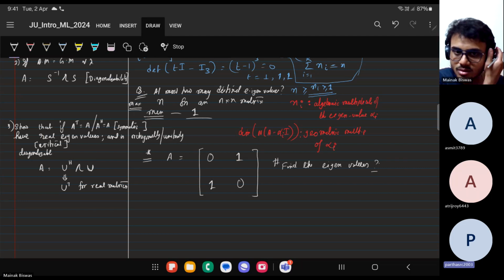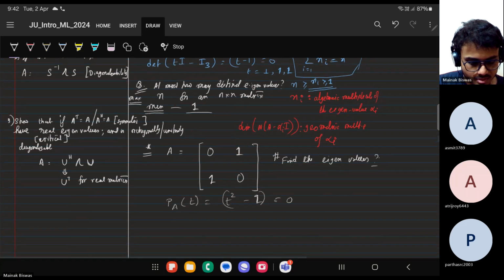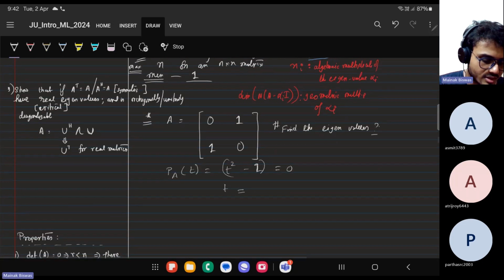We'll find the characteristic equation, solve it and find. So the characteristic equation is what? Lambda square minus 1 equal to 0. Everyone following? T square minus 1 equal to 0. So T is equal to plus minus 1, right? Plus minus 1, yes.